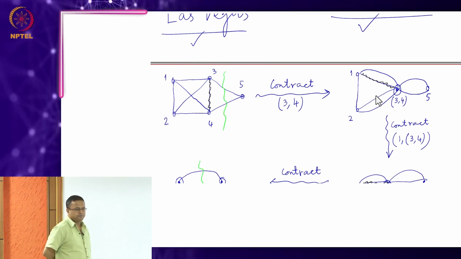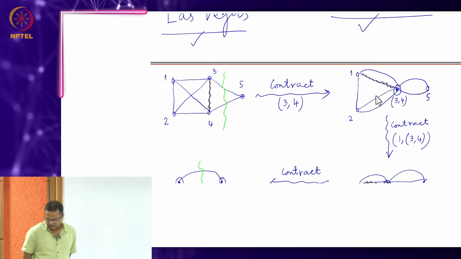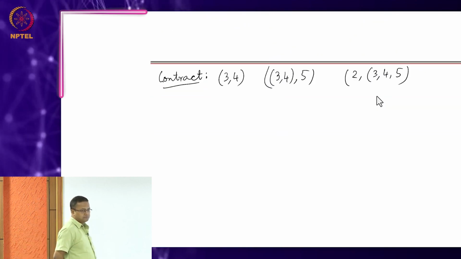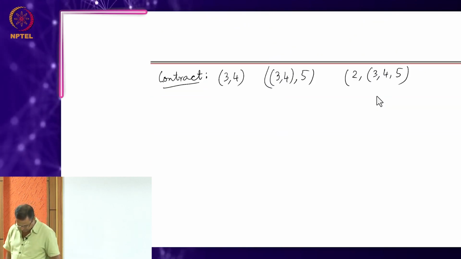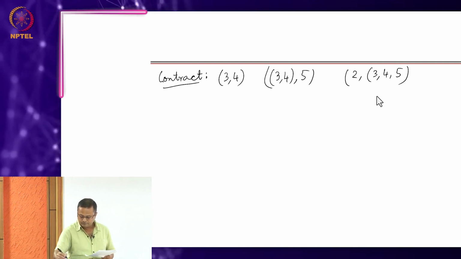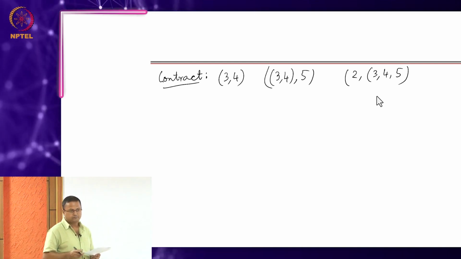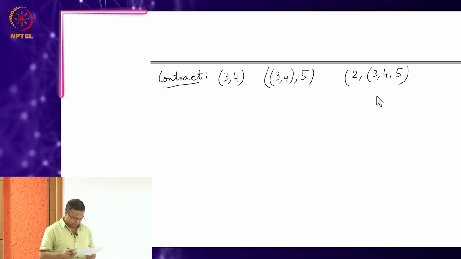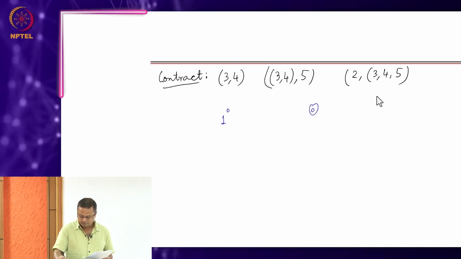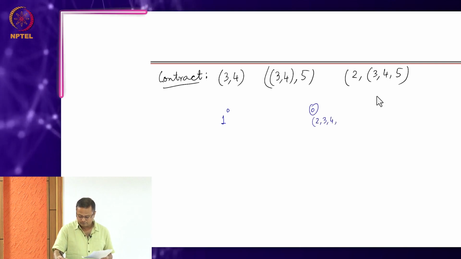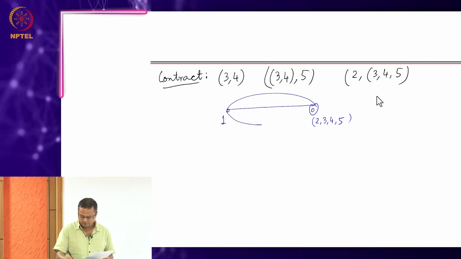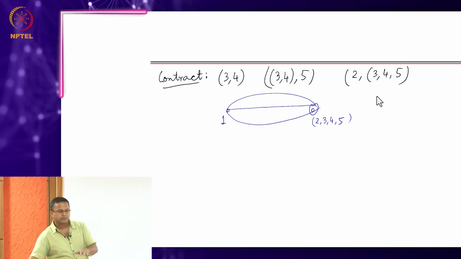You contract 3 4 5 and then see what you get. You will get something like this if you are correct.